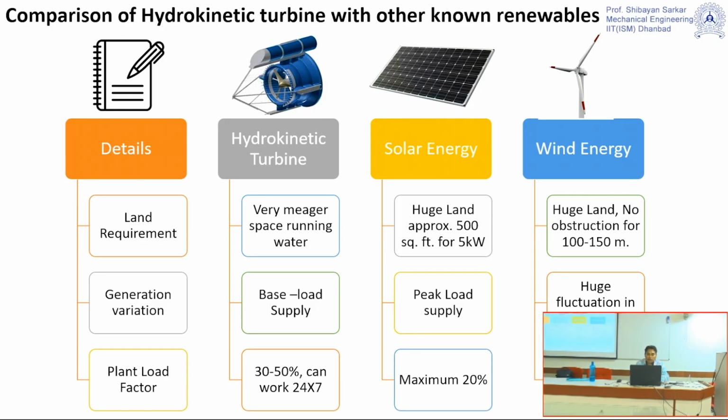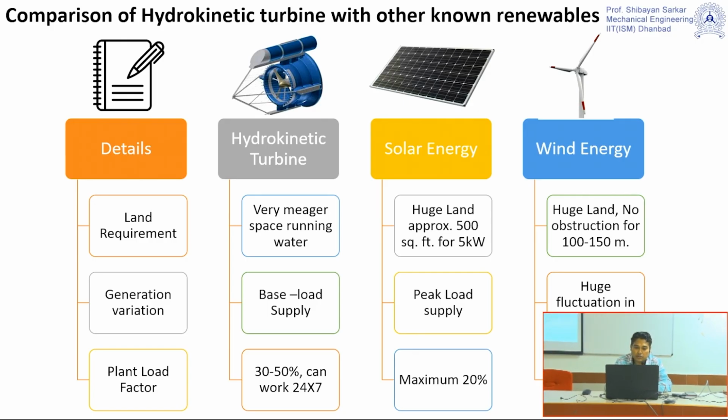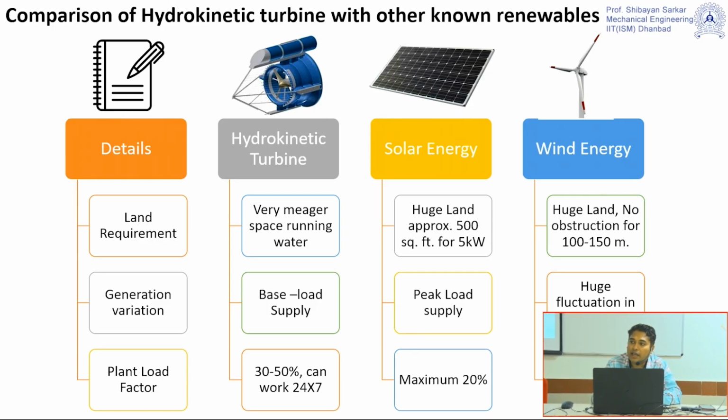So, this hydrokinetic turbine can be used to feed the base load demand, because we are assuming that we will be installing this hydrokinetic turbine at a water resource system where that particular water will be available 24 hours, 7 days a week. So, a continuous source of supply of energy is possible.